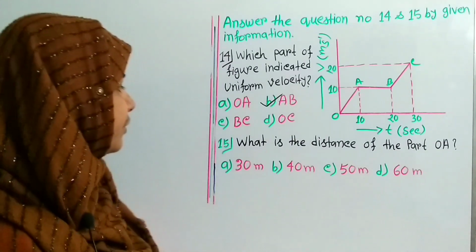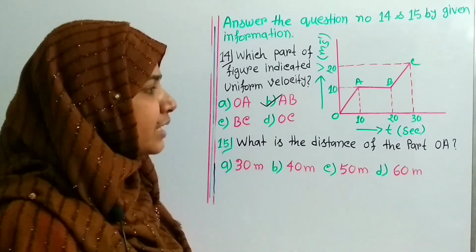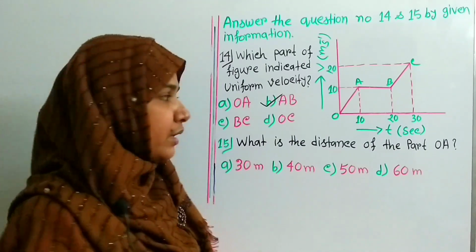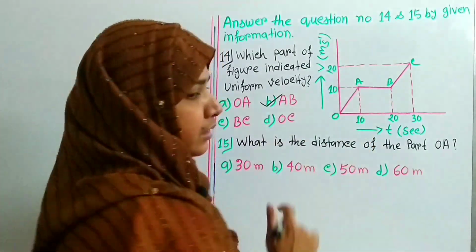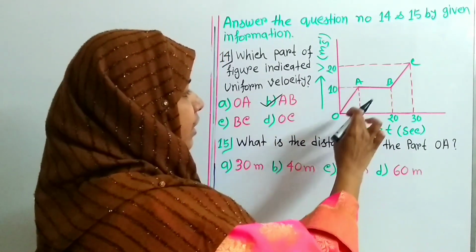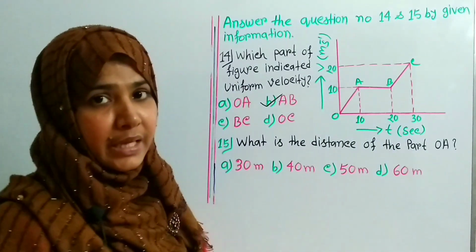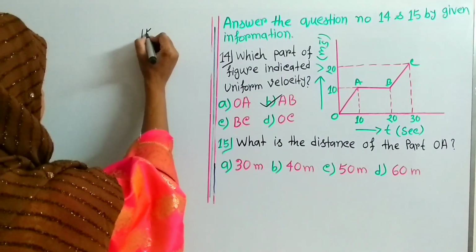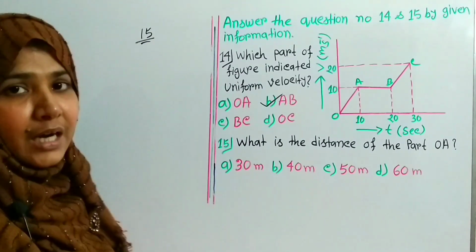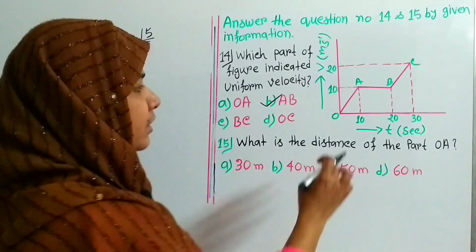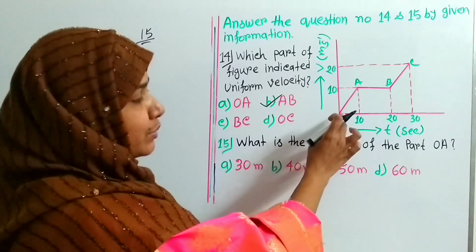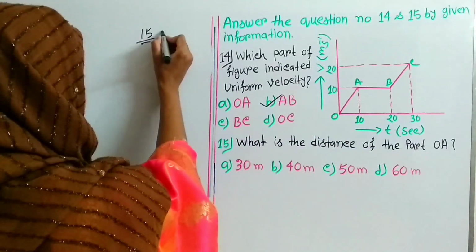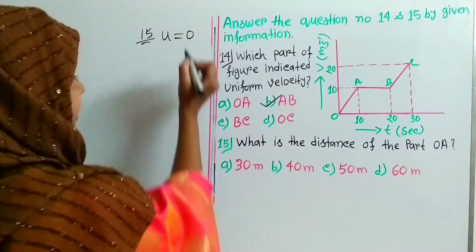Now question 15. What is the distance of the part OA? We have to calculate the distance from O to A. So for this, the given information is, here you can see that an object starts its journey from the origin, that means the initial velocity u is equal to 0.